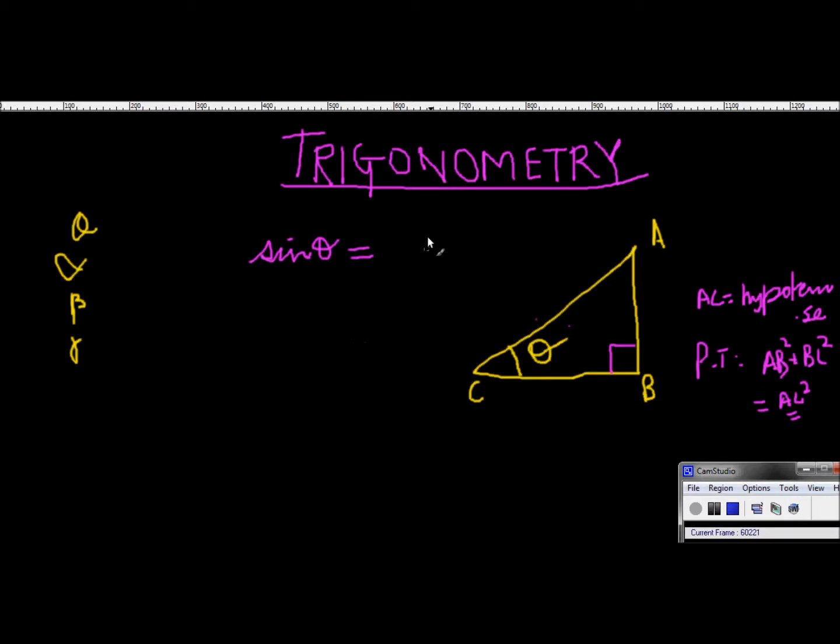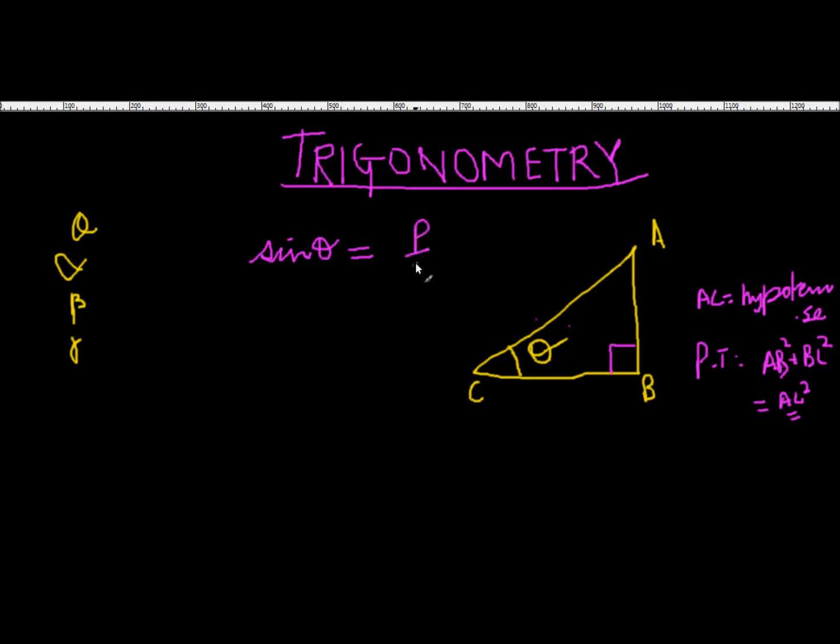So guys, sin theta equals P upon H. Now guys, for this diagram where ACB is your theta, I'm just going to be naming the P, B and H. Actually there is only one P, one B and one H. So the P here stands for perpendicular, B stands for base, and H for the hypotenuse. So guys, sin theta you have to remember is P by H, cos theta is B upon H, and tan theta is P upon B.